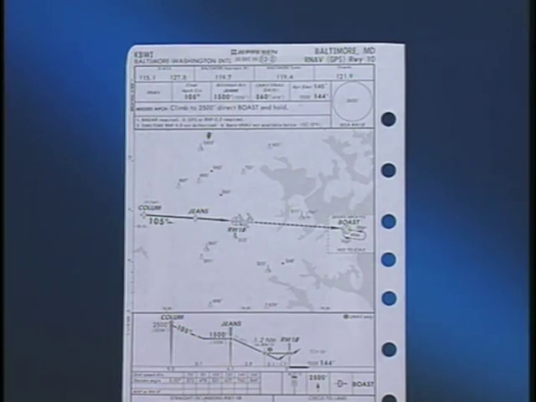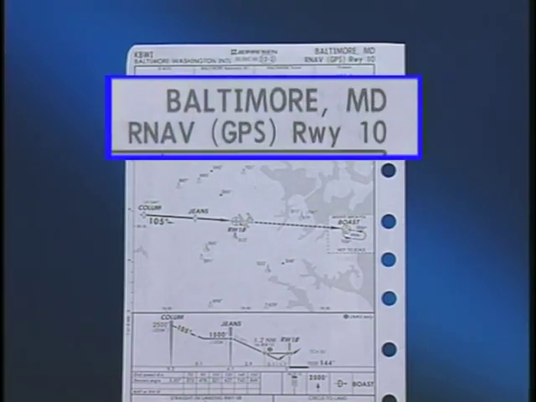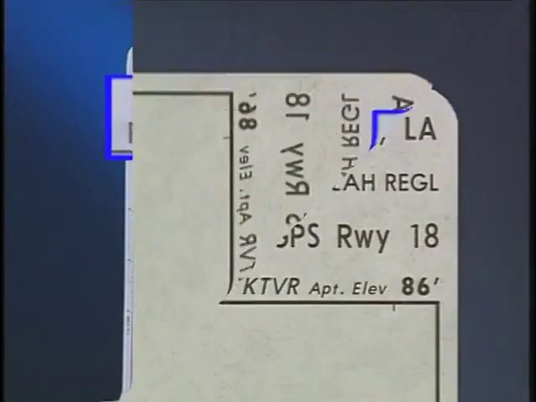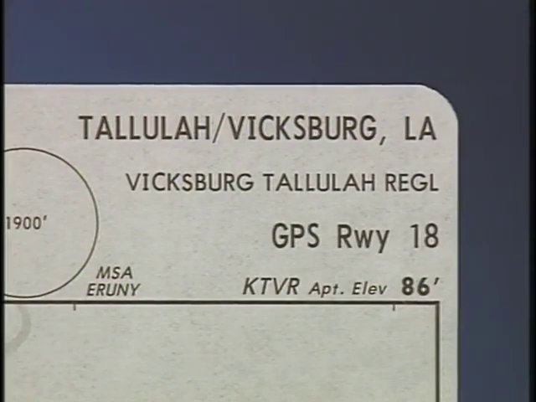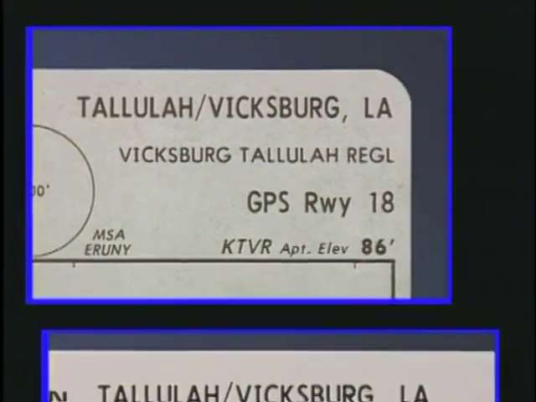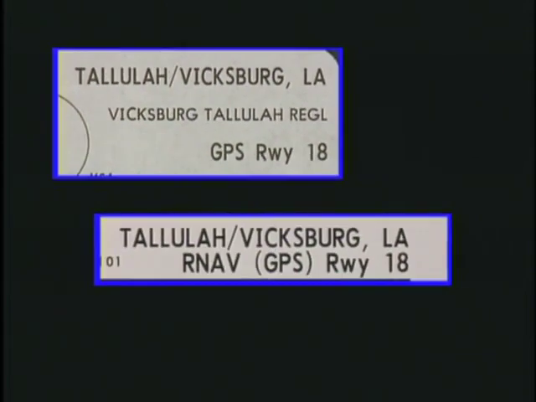All GPS approaches, both unaugmented, today's GPS, and augmented, WAAS and LAAS when operational, are published using the same new chart format. The approach is titled RNAV, GPS, and the runway number. The Tallulah-Vicksburg GPS runway 18 is now the RNAV, GPS runway 18.